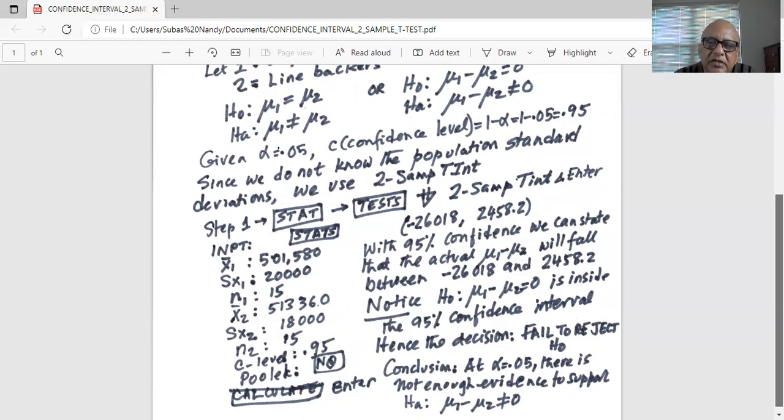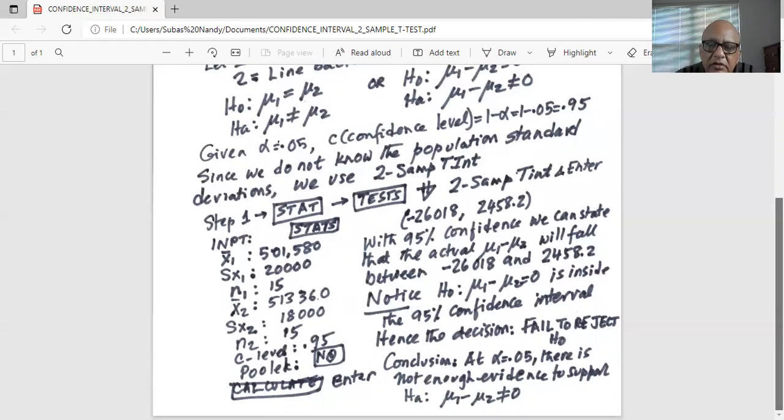That means 0 is inside the interval. Hence, a possible value of mu1 minus mu2 could be 0. Therefore, we do not reject the null hypothesis. So the conclusion is, at alpha equal to 0.05, there is not enough evidence to support HA, which is mu1 minus mu2 not equal to 0.